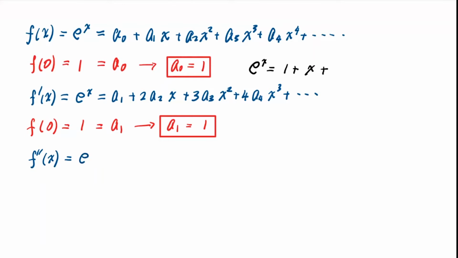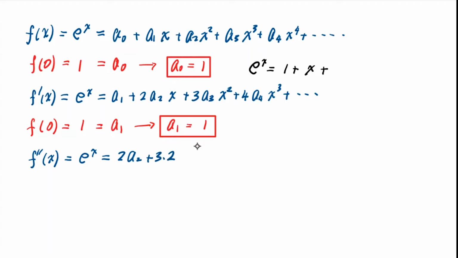That's why e to the x is one of the easier things to figure this out. On the right hand side, this dies, so we have 2 times a2, plus 3 times 2.